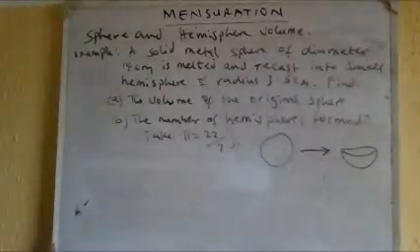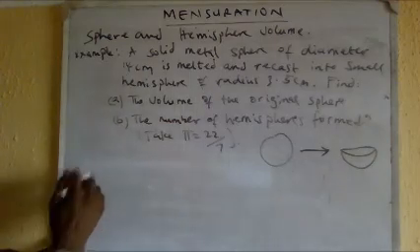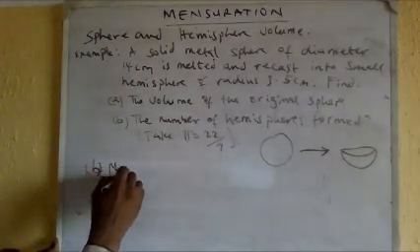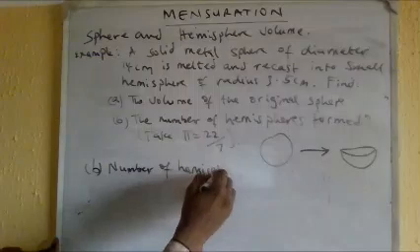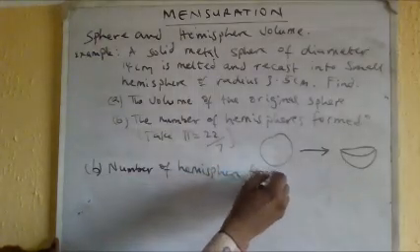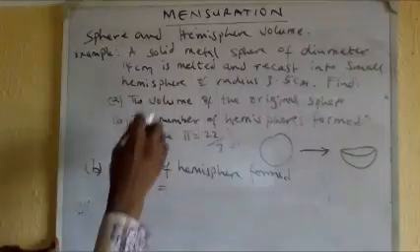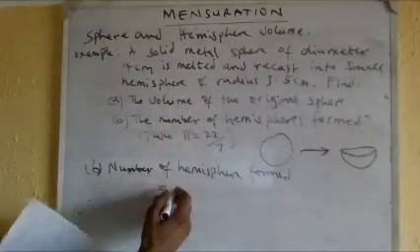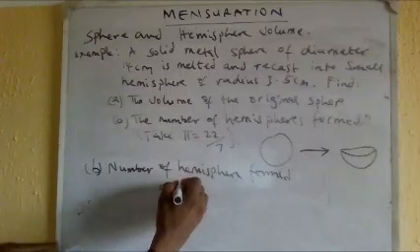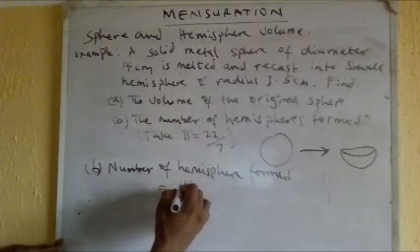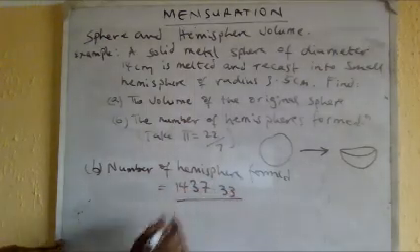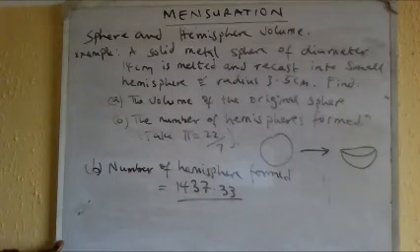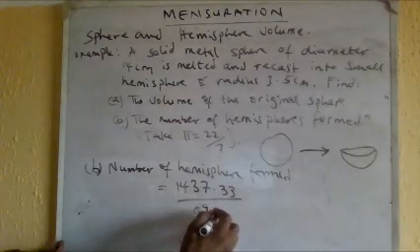The number of hemispheres formed is the volume of the original sphere, 1437.33, all over the volume of the hemisphere we just derived, 89.83.